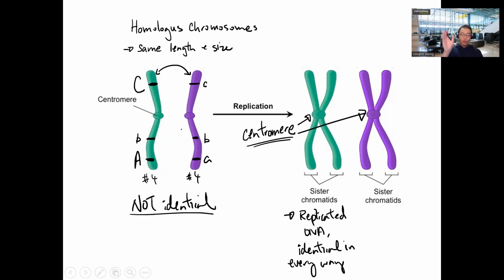All right. So let me ask you an obvious question. No trick here. How many chromosomes do you see on the left side here? Just type your answer in the chat box. It's not a trick question.